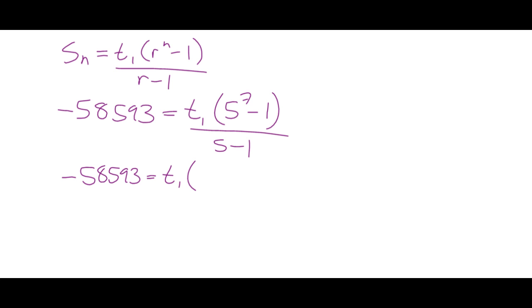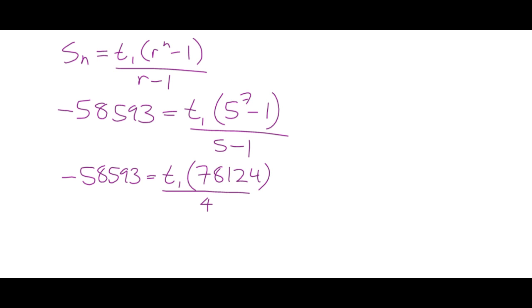So what's 5 to the 7? Probably not going to do that in your head. 78,125. So this will be 78,124, because it's 5 to the 7th minus 1, over 4. So we multiply both sides by 4, then divide by 78,124.